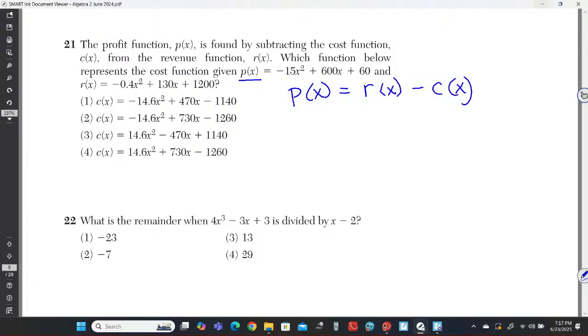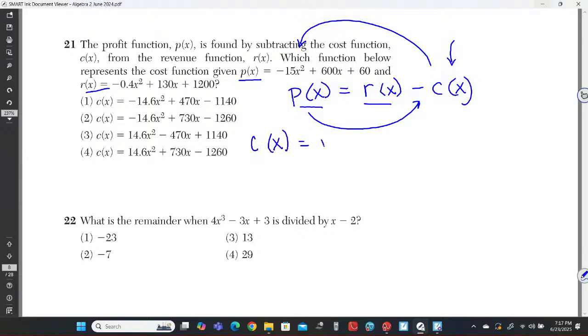But we're given the profit and the revenue. We know these two and we want to know this one. So I'm going to throw this one on this side, making it positive, throw this one on that side, making it negative, and what I find is that the cost function then is the revenue function minus the profit function. And now I'm in business, right?